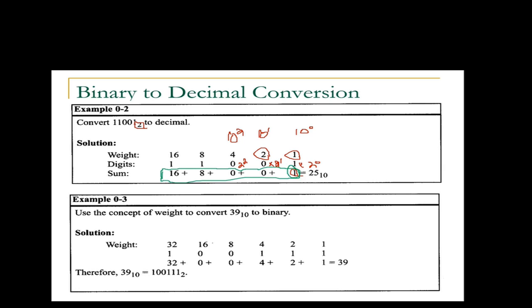And when we convert binary back into decimal, we multiply each binary bit by its weight, write each result here, and then sum up these numbers, so it converts to the decimal number to the base 10.